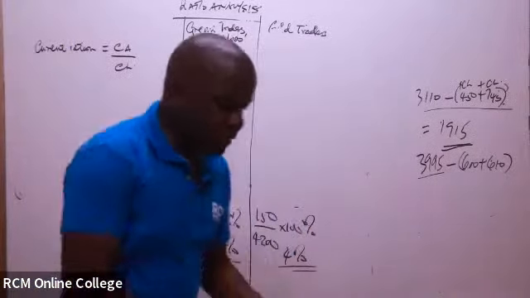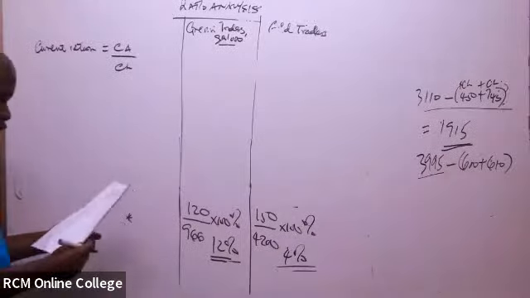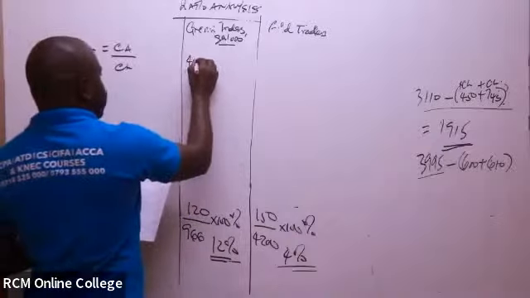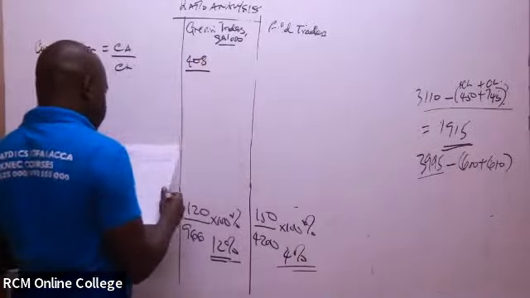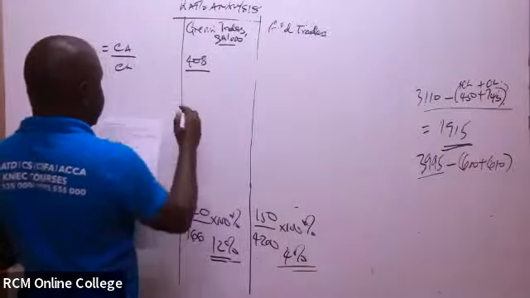So we need to identify, in this case, our current assets, just from the statement of financial position. So the current assets is actually 408. We divide by the current liabilities. Current liabilities, it is 306.